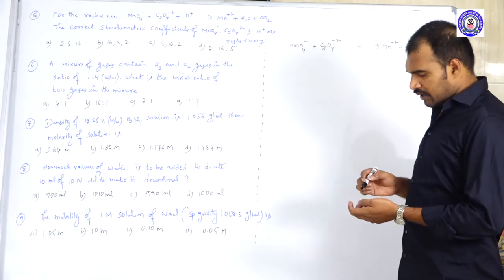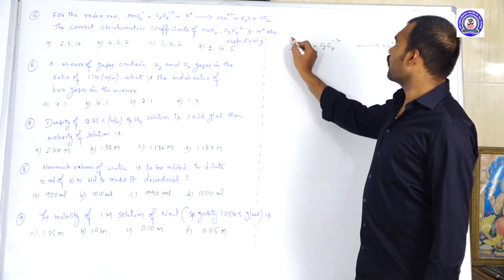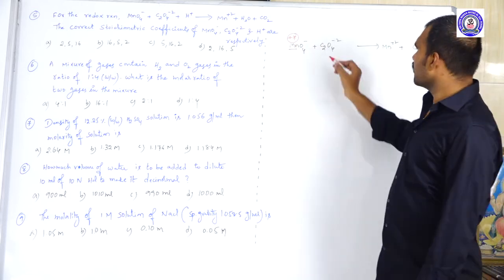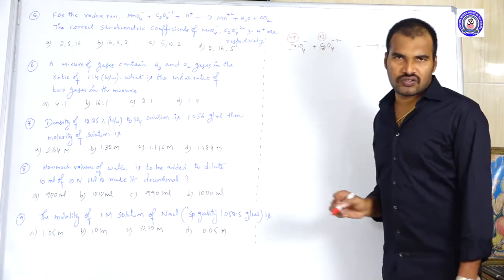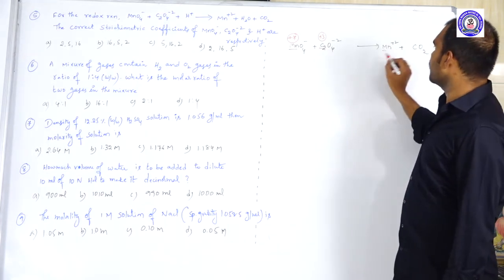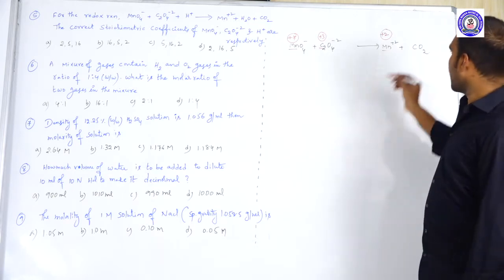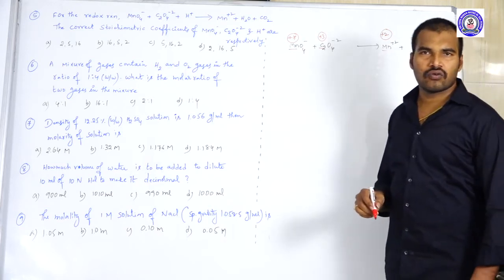Now first of all, let us calculate the oxidation states. So MnO4 minus manganese is plus 7 oxidation state, and in oxalate carbon is plus 3 oxidation state. In Mn plus 2 its oxidation state is plus 2, and in CO2 carbon oxidation state is plus 4.